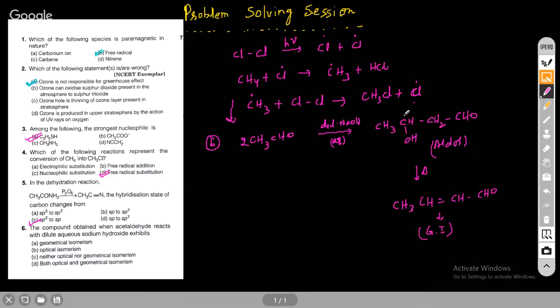But this one, since it has one chiral carbon here, will show optical isomerism as well. So the molecule as a whole shows optical as well as geometrical isomerism. Option D is correct.